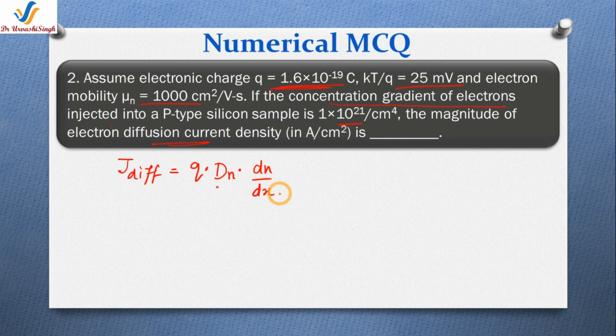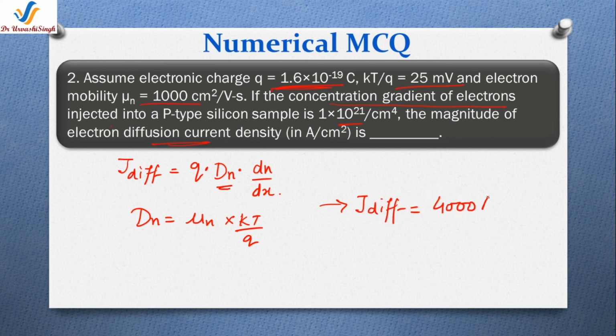We have everything except the diffusion constant. Using the Einstein equation, the diffusion constant is the product of the mobility of the carrier and kT by q. You can put in the values and find out. The diffusion current density will be 4000 ampere per centimeter square.